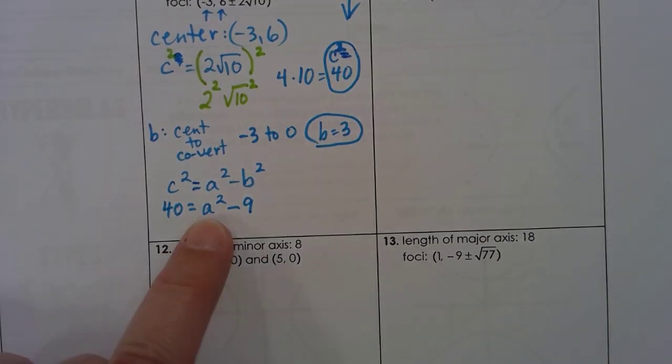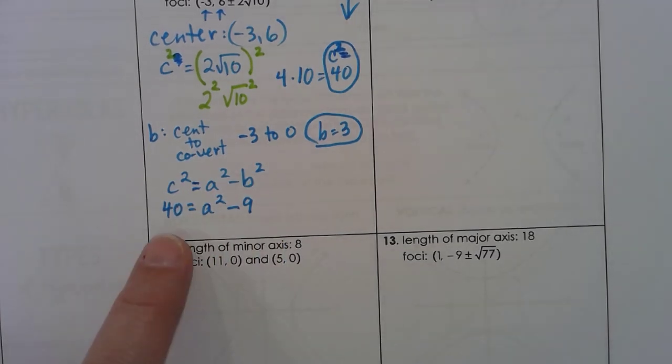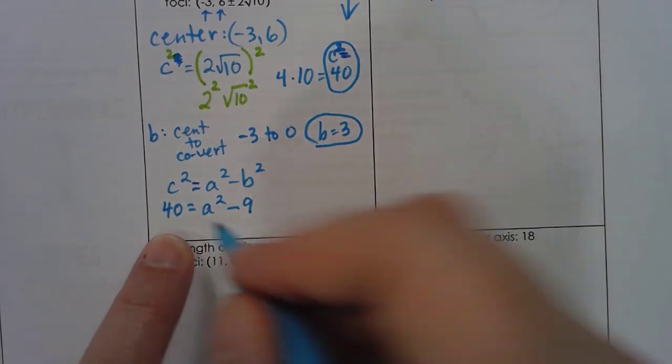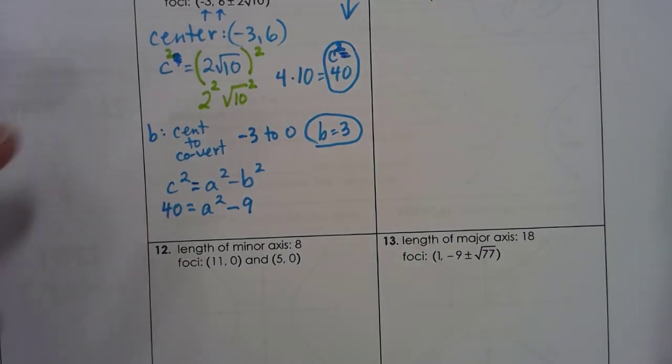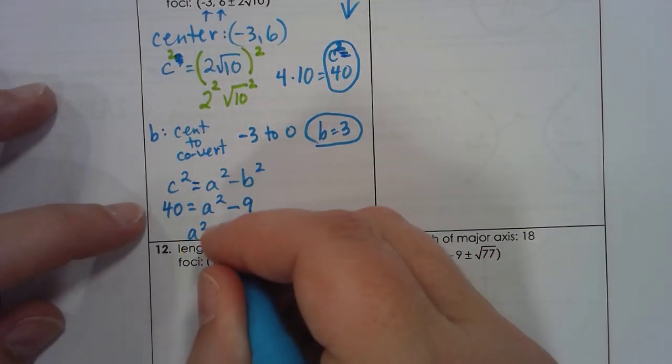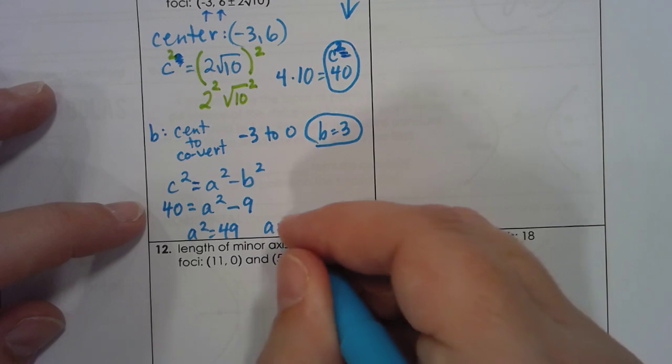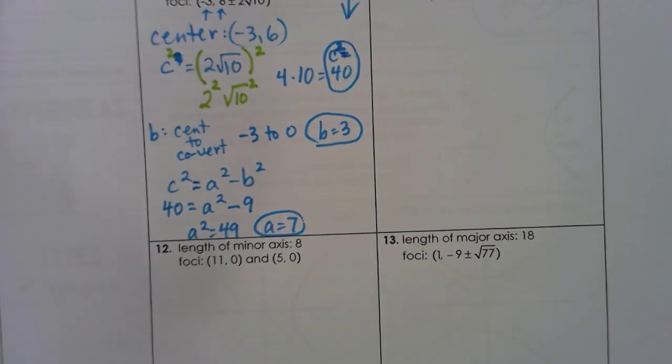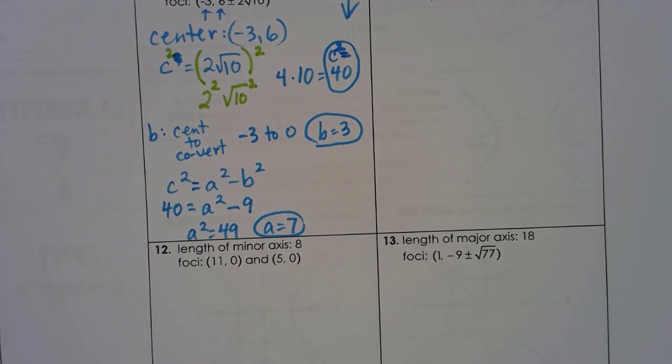So what number, when you take away 9, leaves you with 40? 49. So A is going to be 7. Or you can add 9 to both sides, however you want to do that.